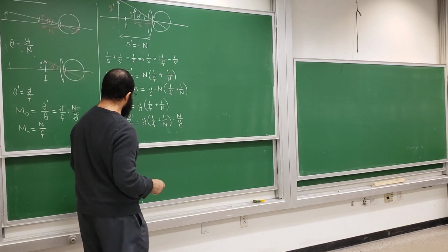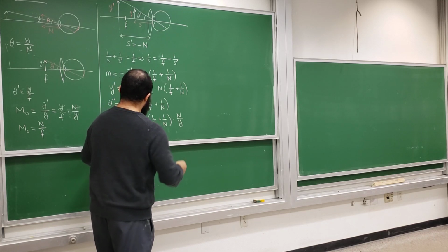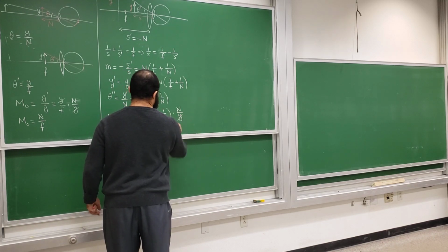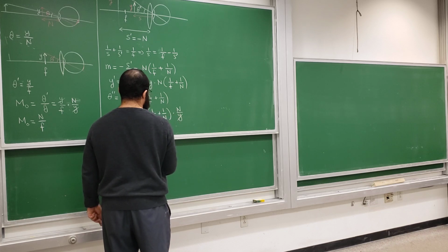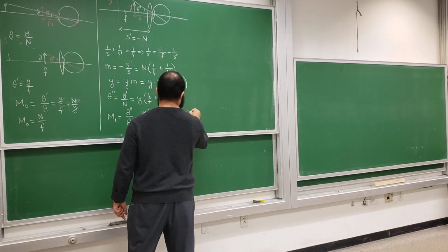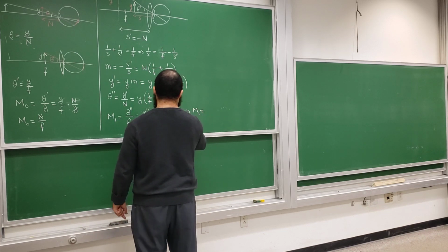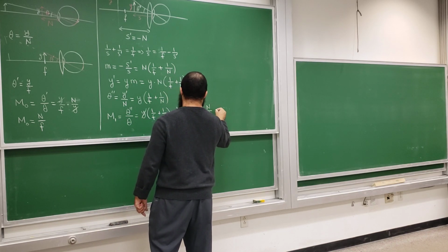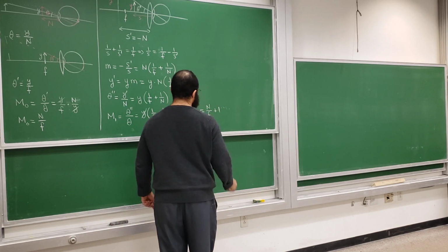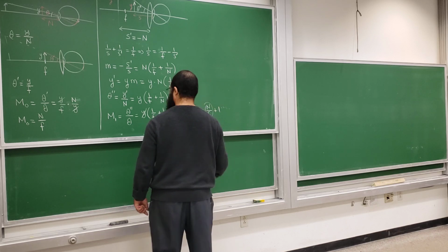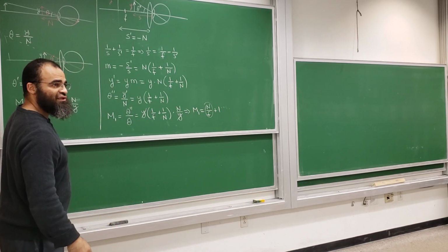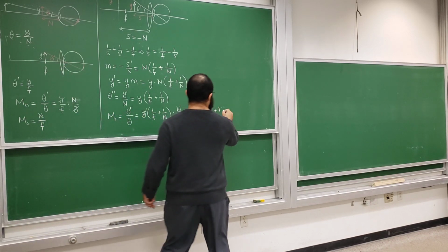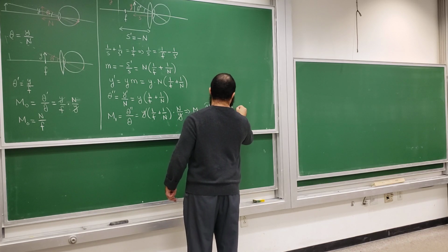I probably did it the long way, but that's okay. The y cancels. Now take the n inside, and m1 will equal n over f plus 1. What is n over f? That's m naught. So this is equal to m naught plus 1.